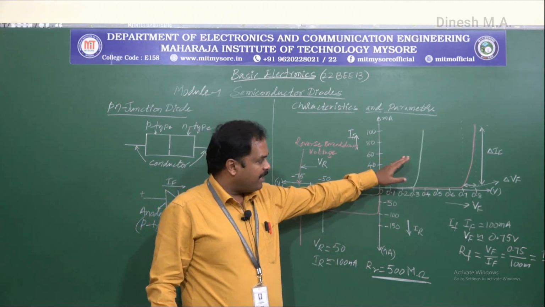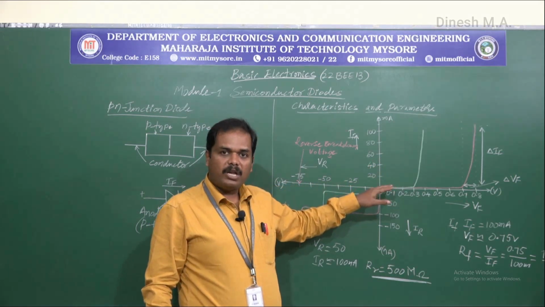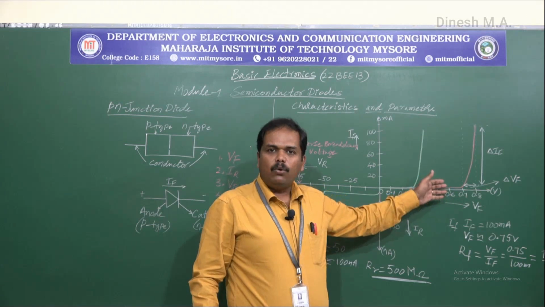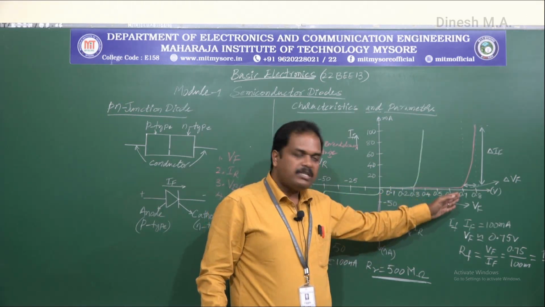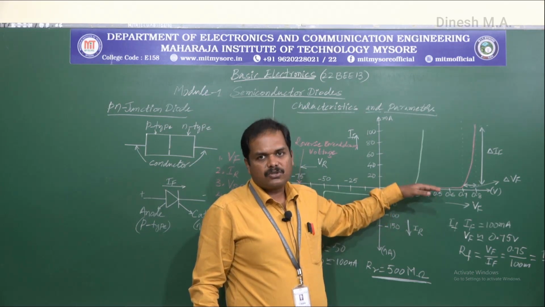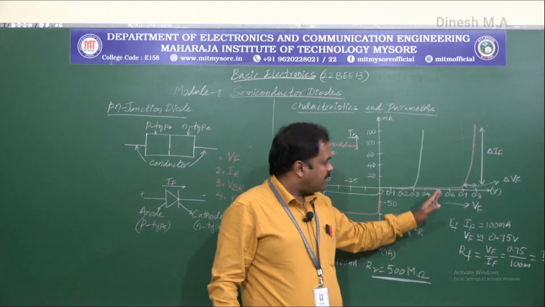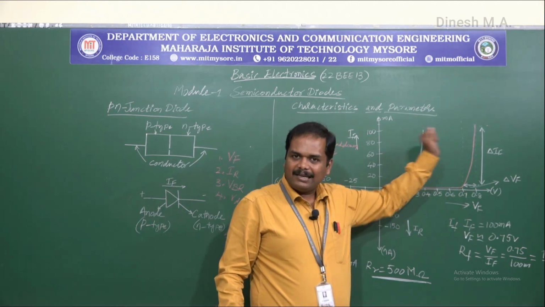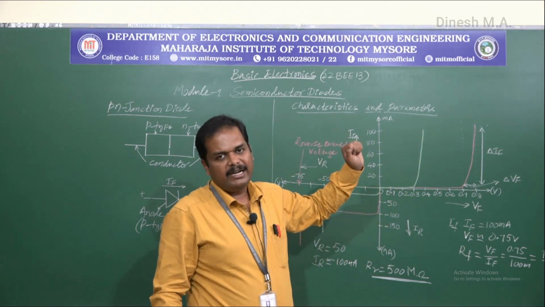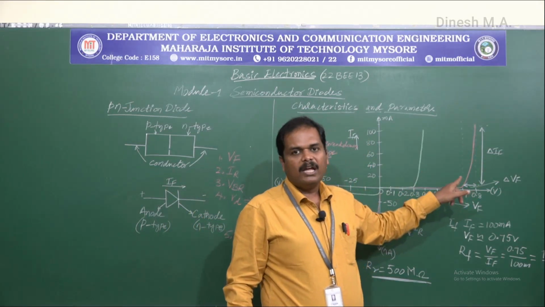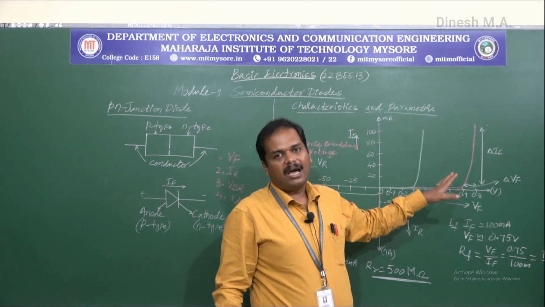So during the forward bias, until the forward voltage crosses the cut-in voltage or the knee voltage of a silicon diode of 0.7 volts, the forward current would be almost zero, and as soon as we cross 0.7 volts, there will be a sudden increase in the forward current IF. And the slope is what we consider to find out the dynamic resistance RD.